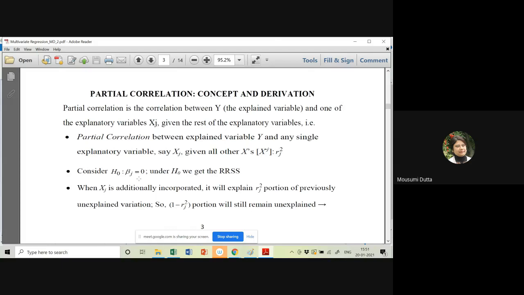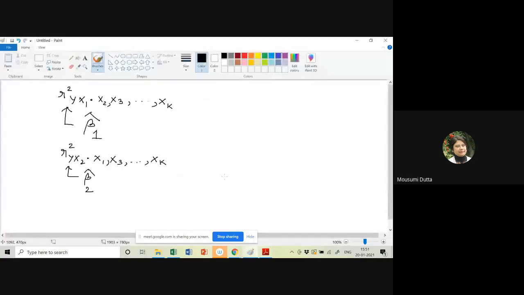In econometrics, if you put the null hypothesis in your original model, then your original model is called the unrestricted model, and the model under H naught is called the restricted model. So let me write the equations.